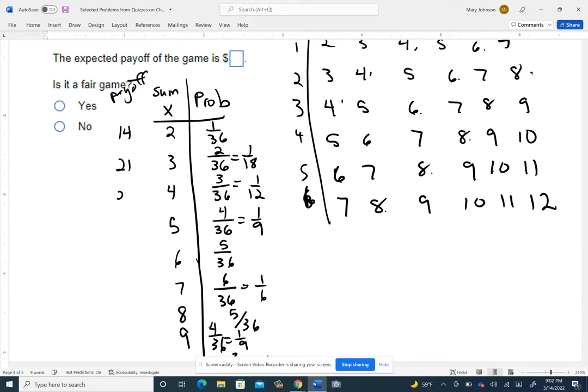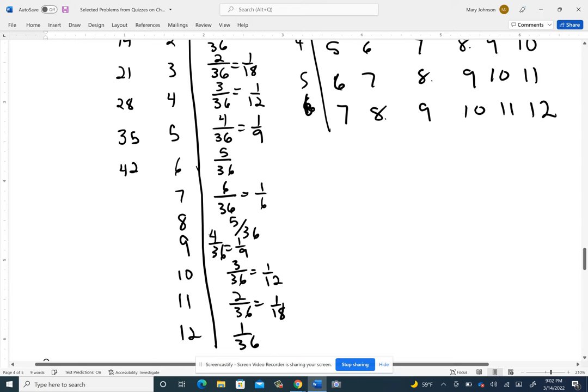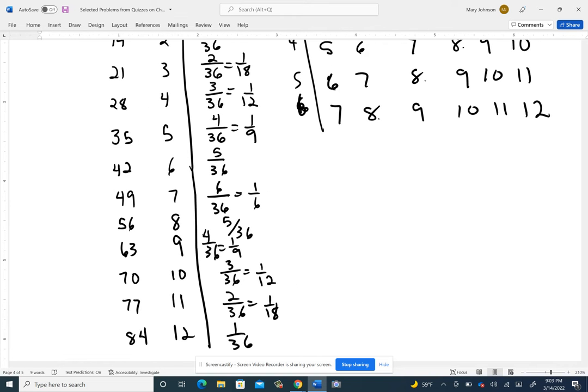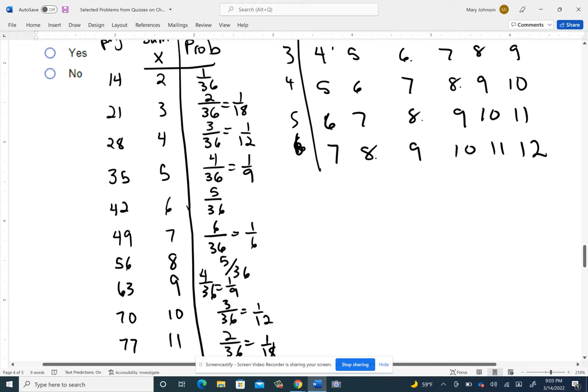So let me just do 7 times each of these so you can think about that payoff amount. You don't have to calculate it. 7 times 7, 7 times 8, 7 times 9, 7 times 10, times 11, and times 12. Okay. So those are the payoff amounts.